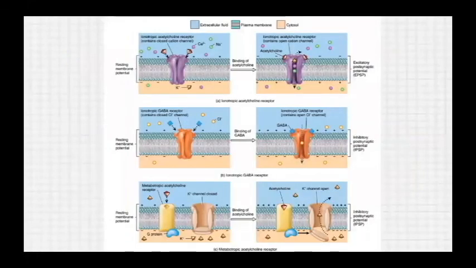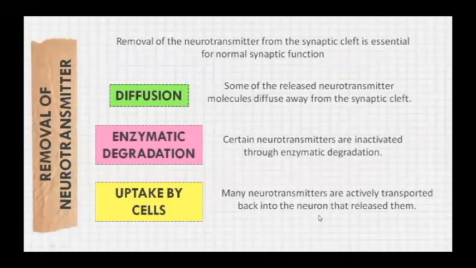So there are different ways of removal of neurotransmitter because once the neurotransmitter has sent the nerve impulses or electrical signals, it should go back or be sent back to the presynaptic neuron that sent that neurotransmitter.